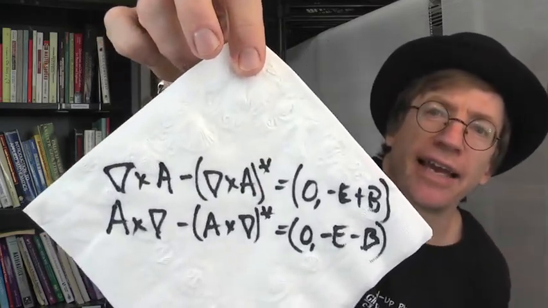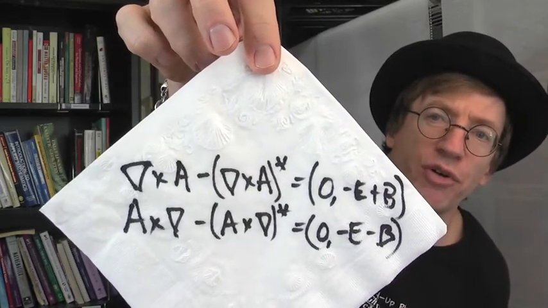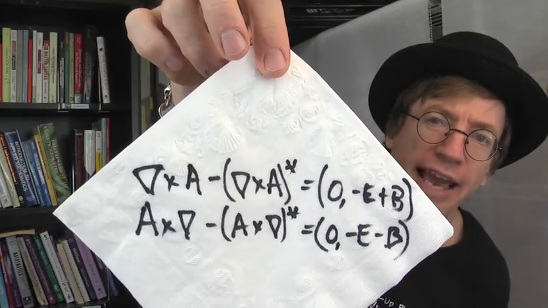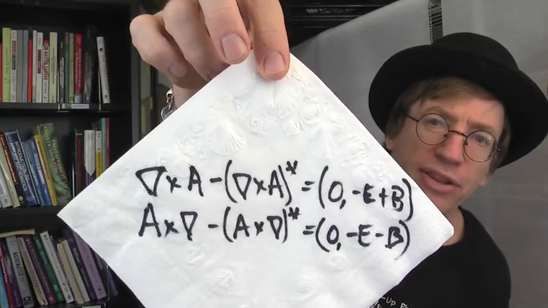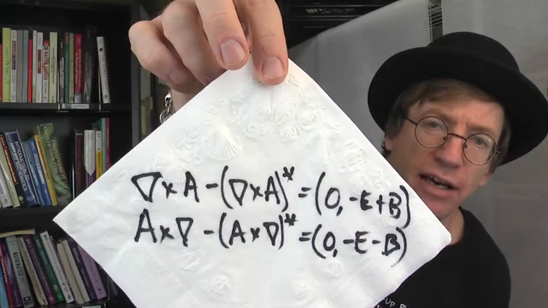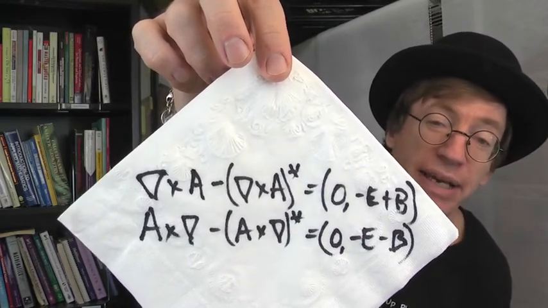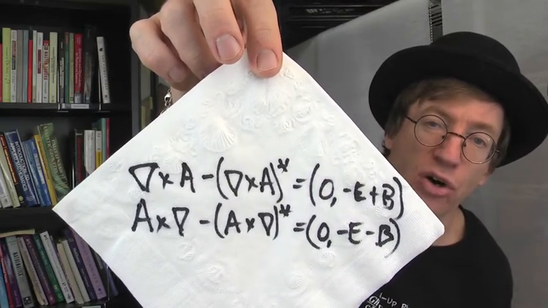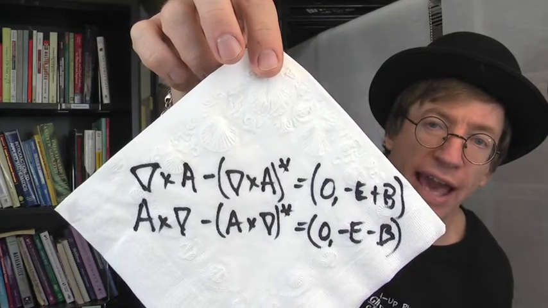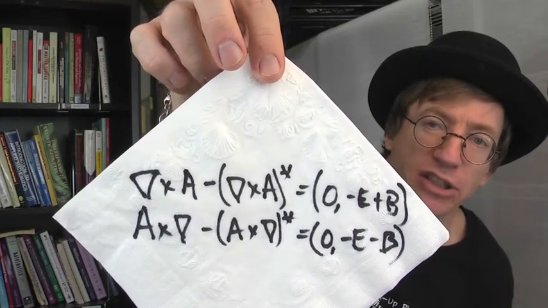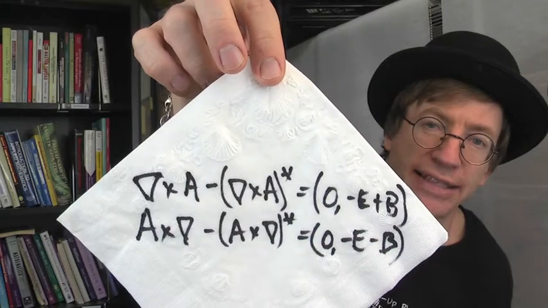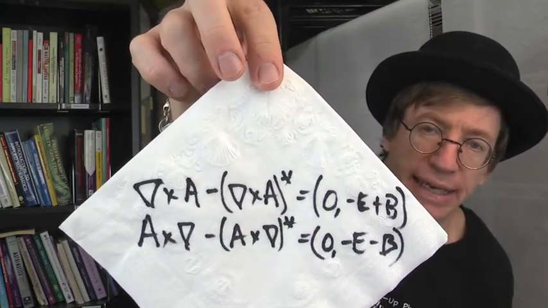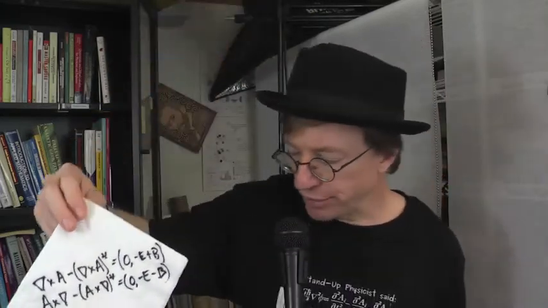I basically take that del, which is a 4-derivative, acting on a 4-potential, and I subtract away the scalar part, and what I end up with is the typical definition of E. Okay, it's minus E, because it's the time derivative of A and the gradient of V, and then the curl of A as the B field. And if I switch the order of the A and the del there, subtract away that scalar as I did before, then I get minus E and minus B in the 3-vector.